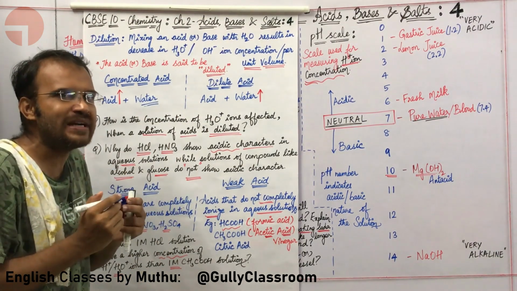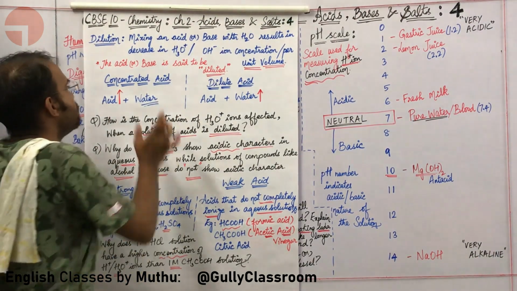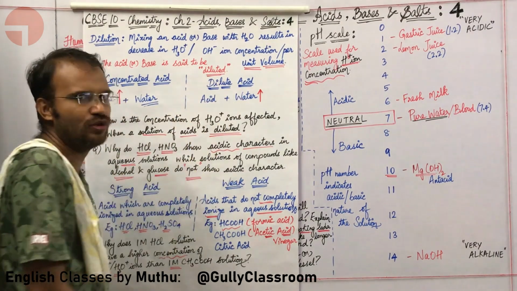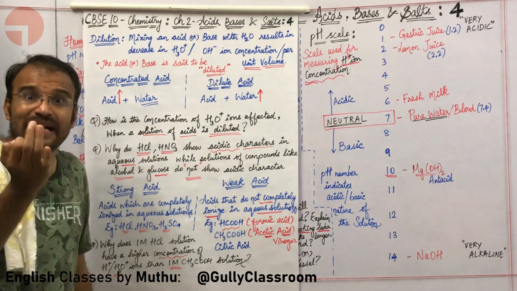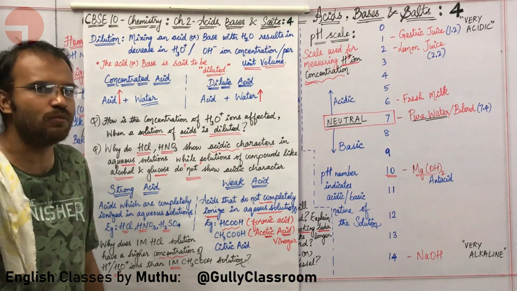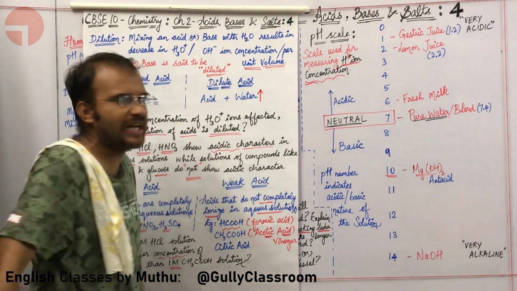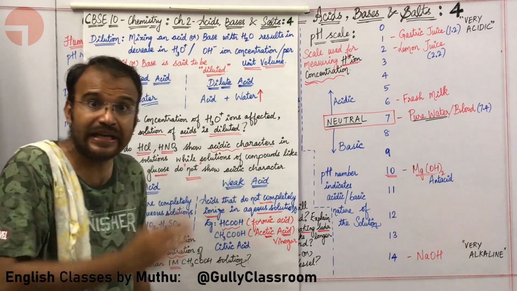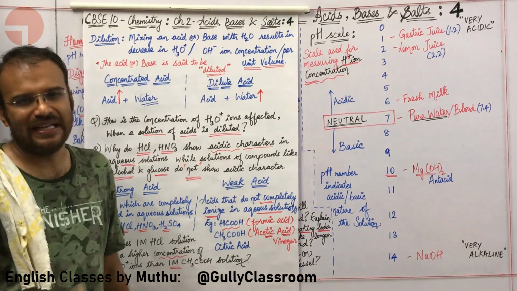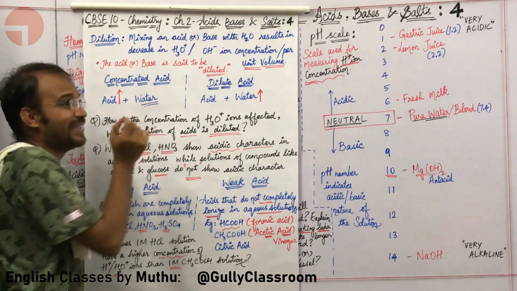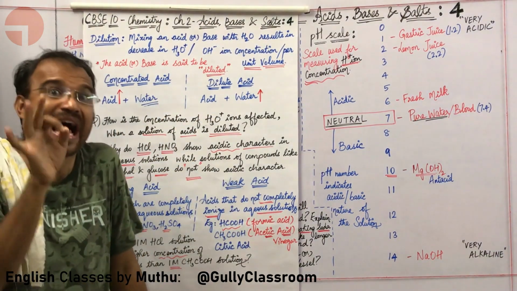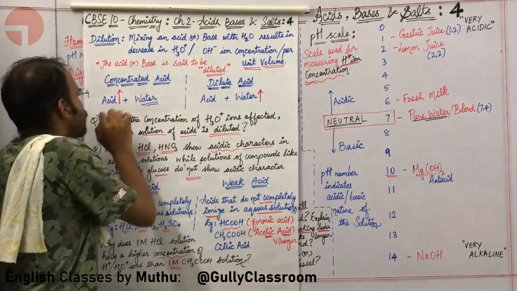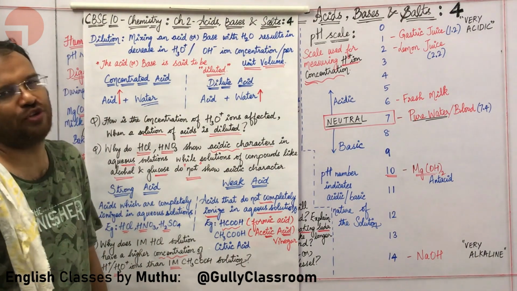Are you able to understand the difference between concentrated acid and dilute acid? Concentrated acid means this acid contains less water, more acid. Dilute acid means this acid contains more water, less acid. So concentrated acid is dangerous as it is more corrosive, as it contains more hydronium ions per unit volume.